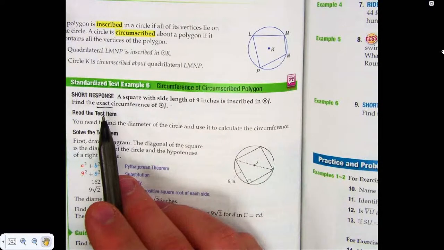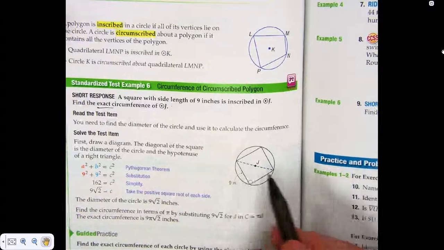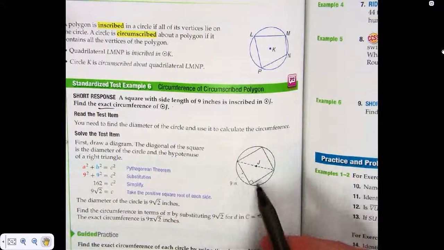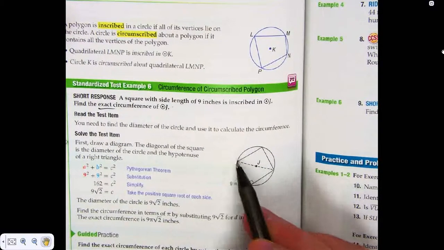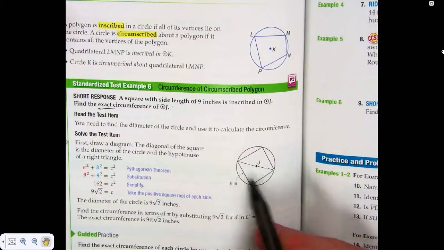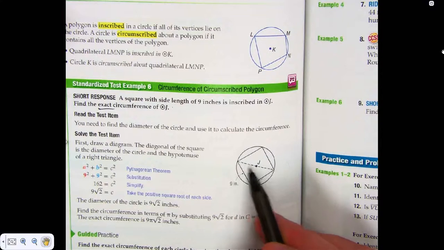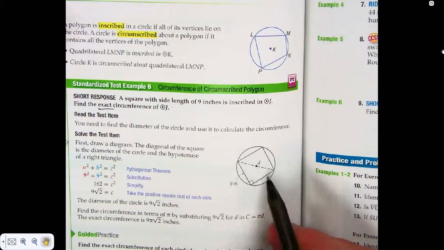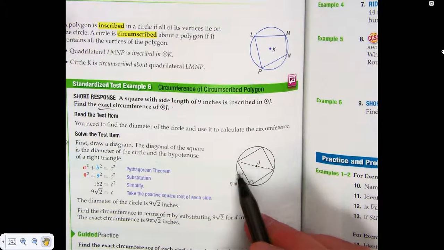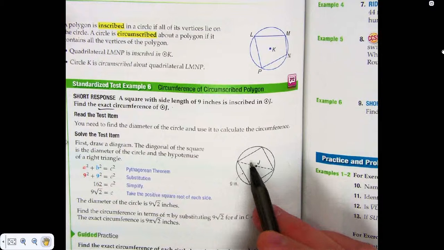Okay? Make sense? But you see here, they wanted you to find the circumference. Well, what did they give you? They only gave you this, but they said this is a right angle. And they said these were congruent. So if this is 9, this is 9, right? Well, the hypotenuse of a 45-45 triangle, or you could just use Pythagorean's theorem, you'd find that this is 9 square roots of 2.